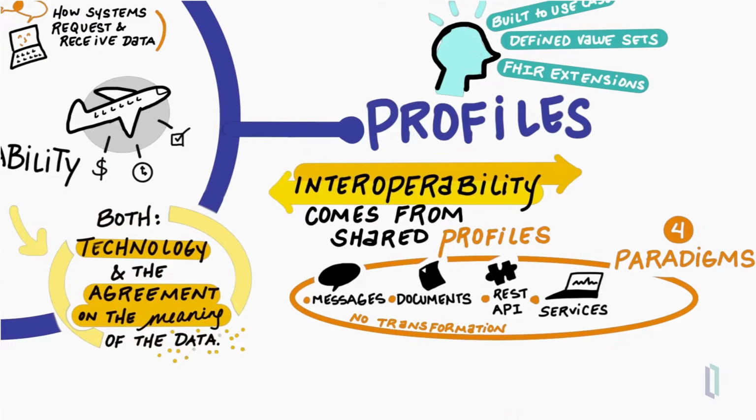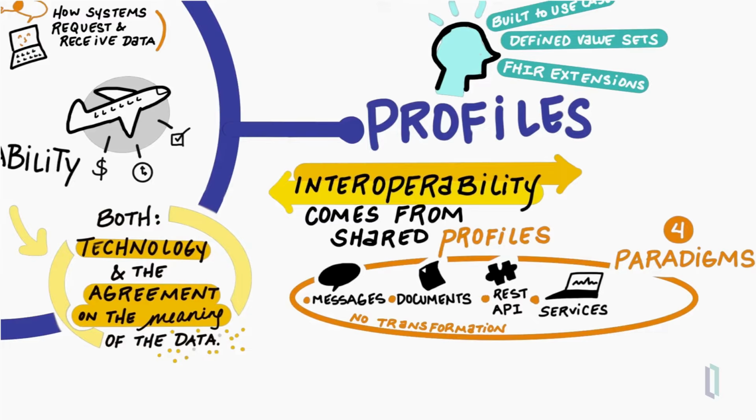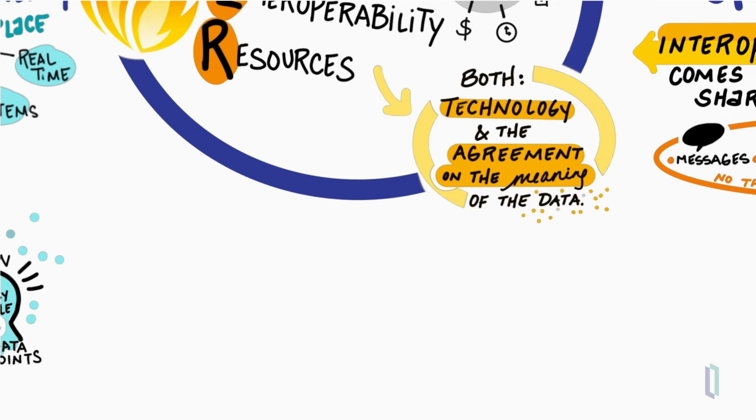We can put it in a FHIR document that would be like a CDA document, and that data becomes part of that document without transforming it, or we can use that FHIR data that is a lab test result in decision support, because everything we create from a FHIR profile is inherently computable and machine readable. So four different interoperability paradigms without transforming the data. That can't be said of any other existing healthcare data standard. That is part of the power of FHIR.